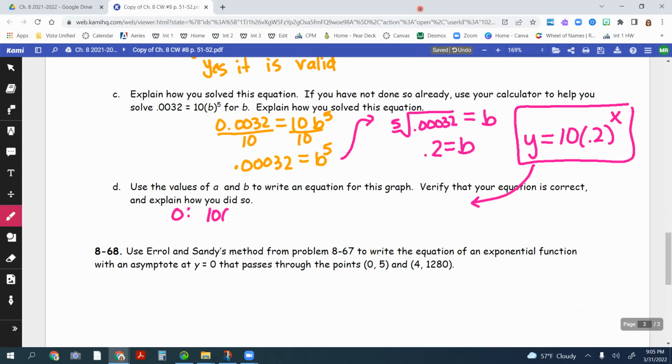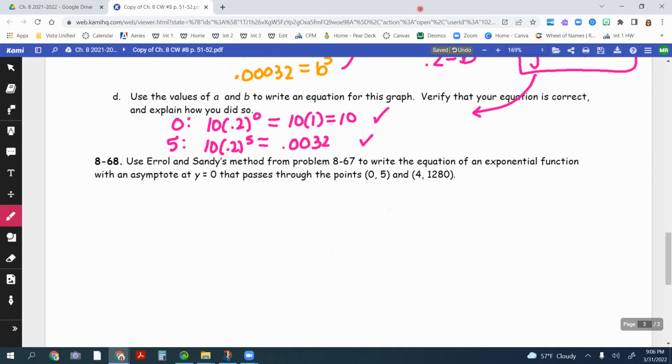So I get 10 times 0.2 to the power 0. That's going to be 10 times 1, which is 10. So that checked. And then to put in a 5, so 10 times 0.2 to the 5th, if I put that into the calculator, I do end up getting 0.0032. So it did check, it did work out.